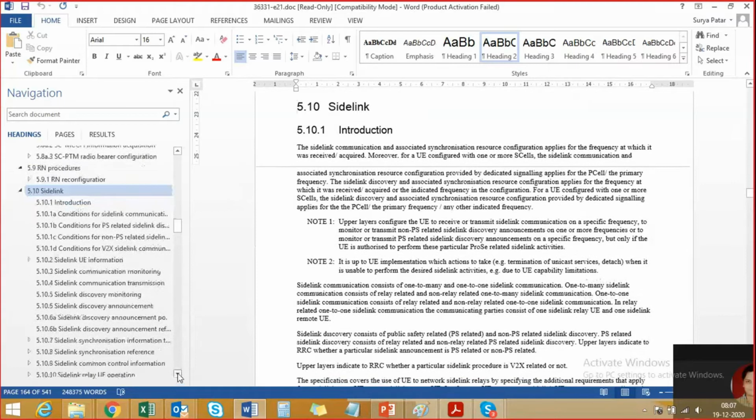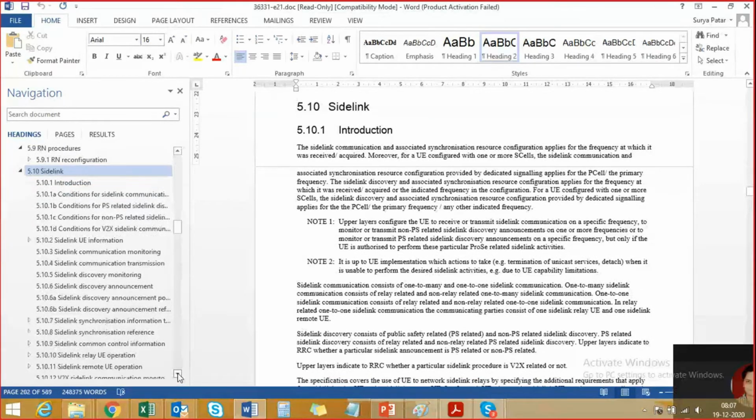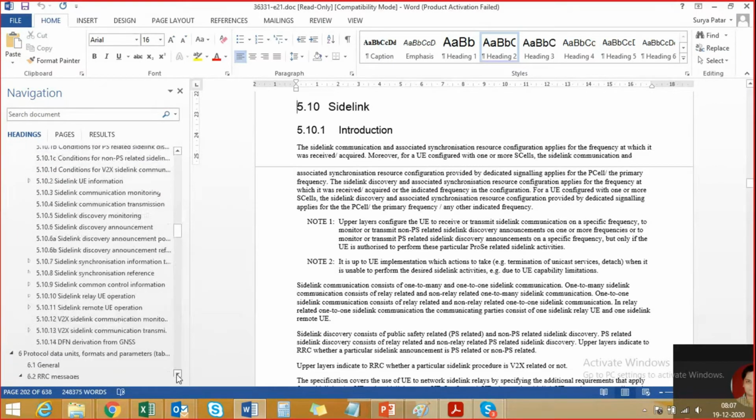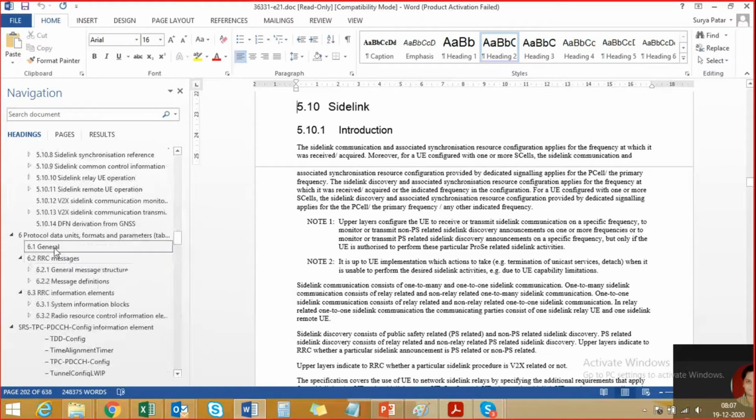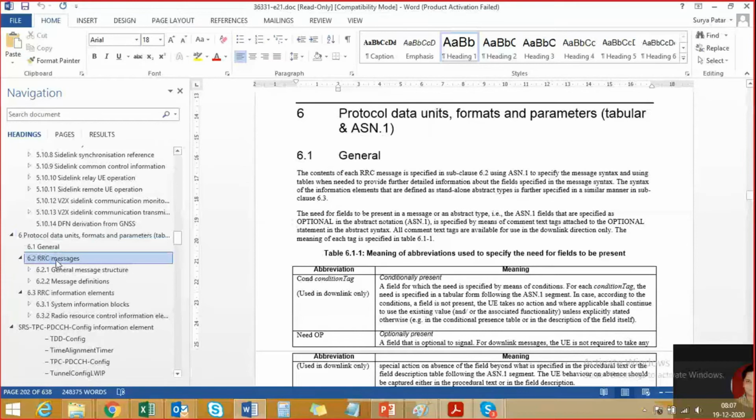Sidelink, how two mobiles can talk to each other directly without any eNodeB, gNodeB, in the desert, in the Himalayas, in the Antarctica. So there is a complete set of that, and then there are protocol message details, your RRC messages.